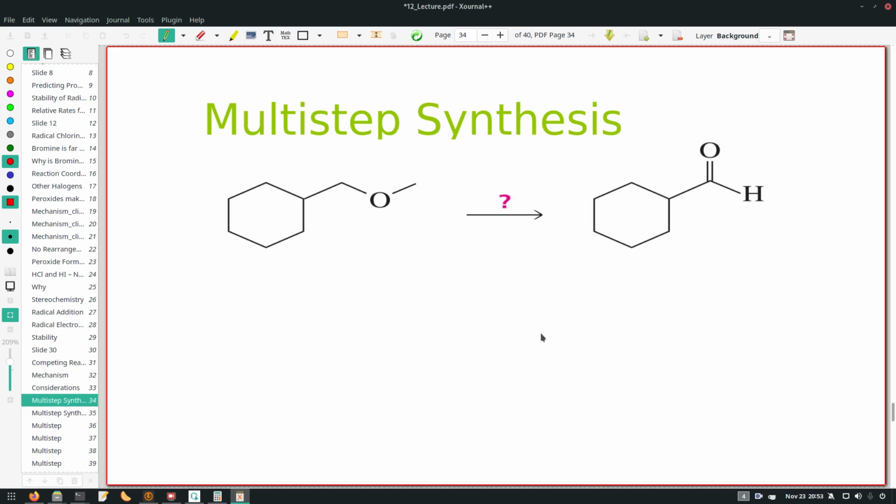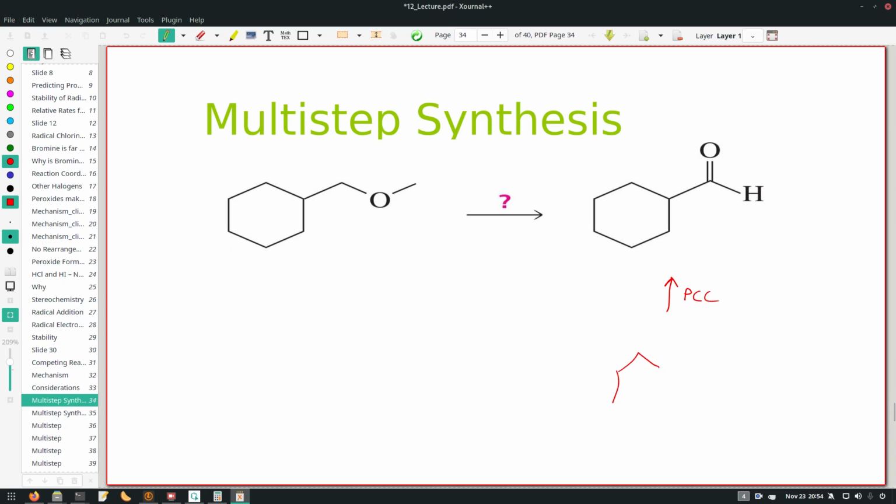Alright, now when we do multi-step synthesis, there's some thinking of going backwards, sometimes we go forward. What I mean by going backwards, this right here is an aldehyde. And if I told you right now that you can make it with what we currently know, that helps a lot, because there was really only one reaction we have used to date to make an aldehyde, and that was using PCC.